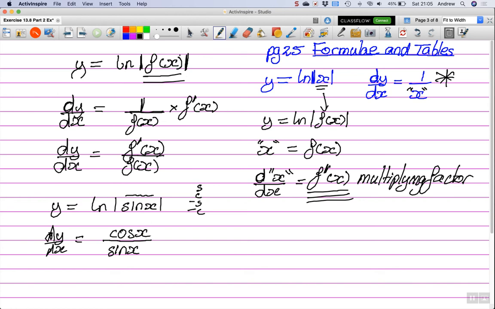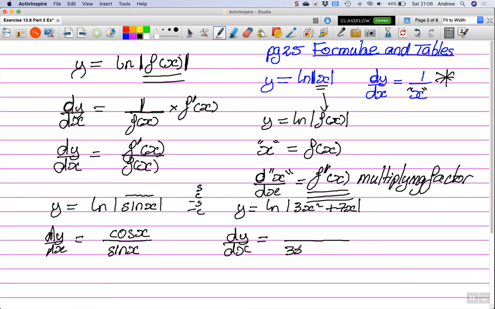So if we've got y is equal to the natural log of 3x squared plus 7x, when we differentiate this, it's quite simply this. How do we differentiate a log? We write a fraction. What goes on the bottom?